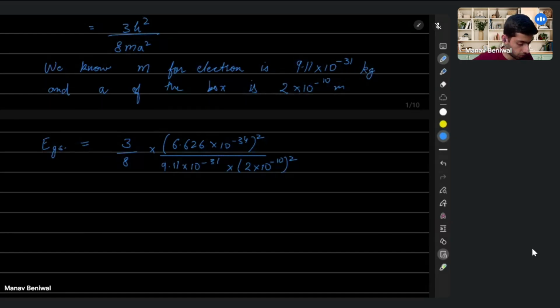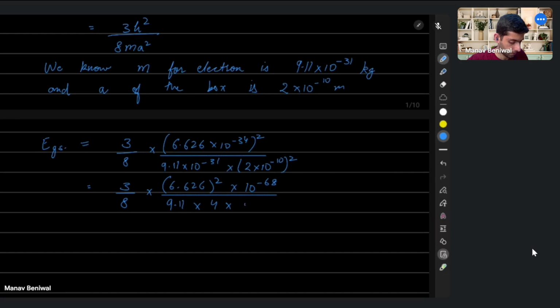So this will become 3 over 8 times 6.626 squared times 10 to the minus 68 over 9.11 times 4 times 10 to the power minus 20 minus 31. Upon solving this, you can see this is 10 to minus 17 and this is roughly 10 to minus 18.